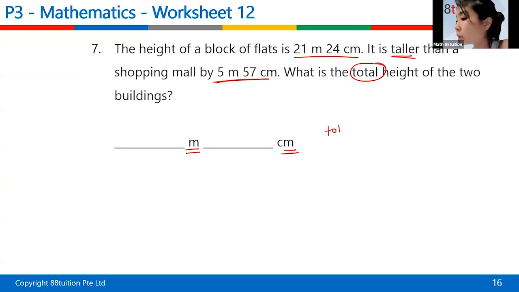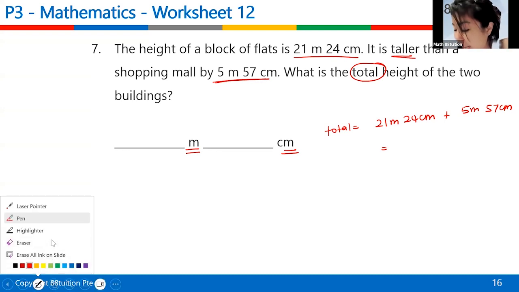So when I want to find total, what I should do is I should add it up. Plus 5 meters, 57 cm. Okay? So I am not very comfortable adding like that. I would recommend my students to actually change everything to cm first.